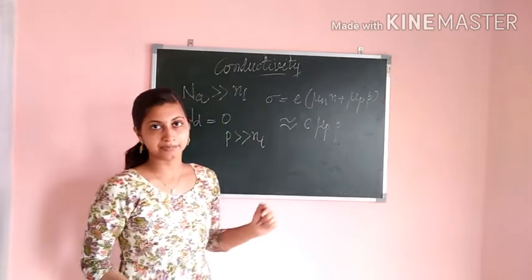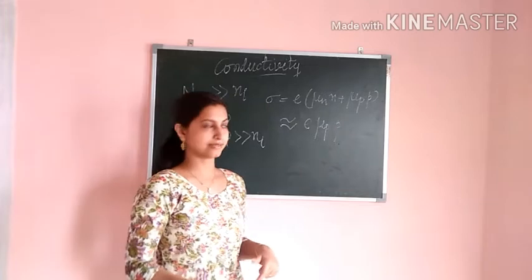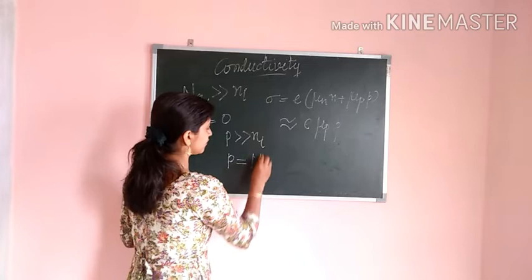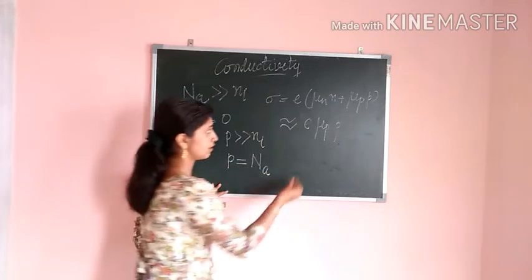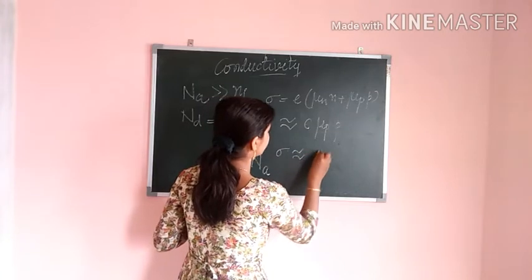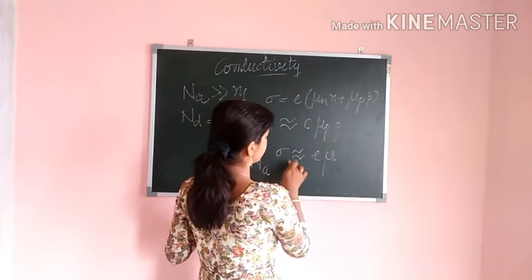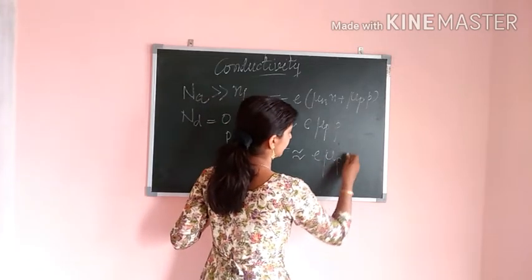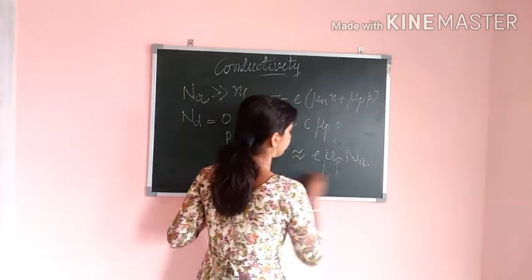If we assume complete ionization of the dopant atoms, then p becomes equal to the number of acceptors, so this equation becomes σ ≈ eμp Na.